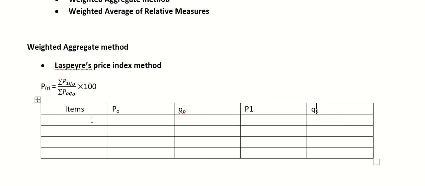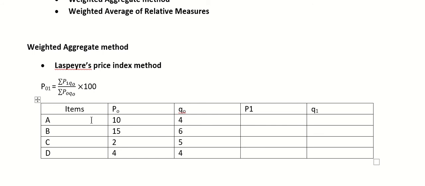So we have different products with us, A, B, C, and D. The prices we have are 10, 15, 2, and 4, and quantities are 4, 6, 5, and 4.